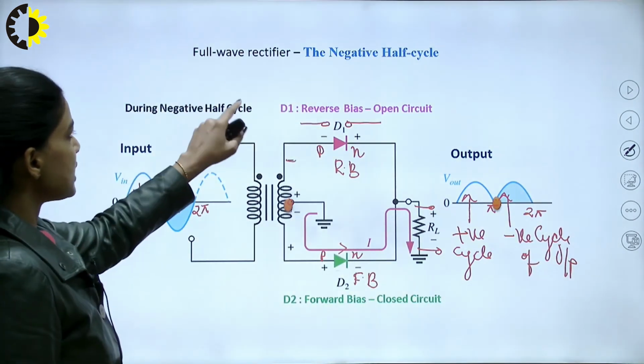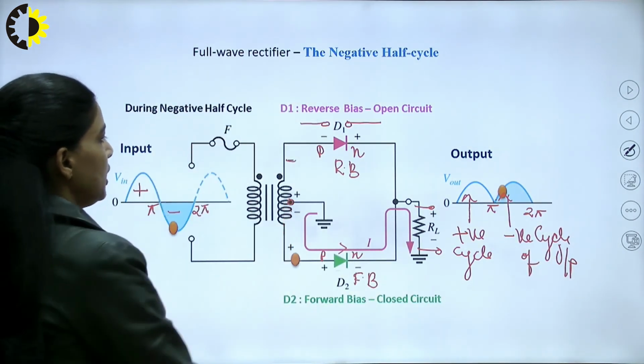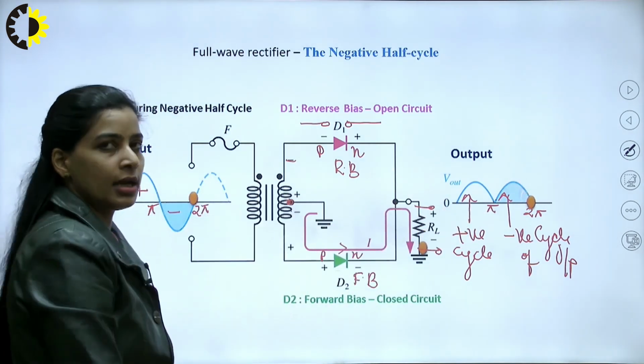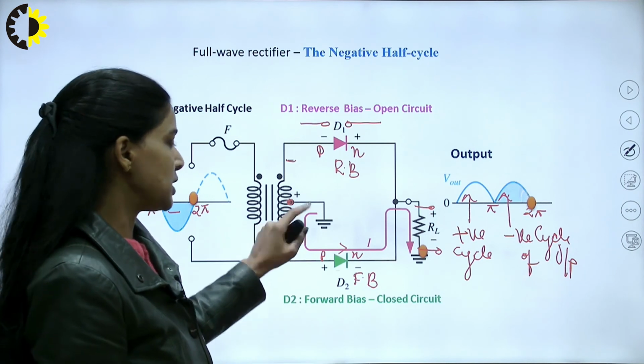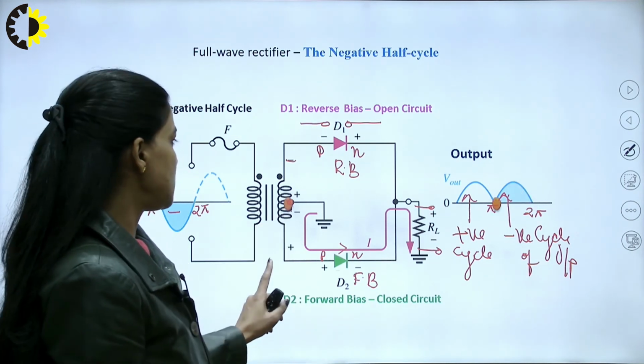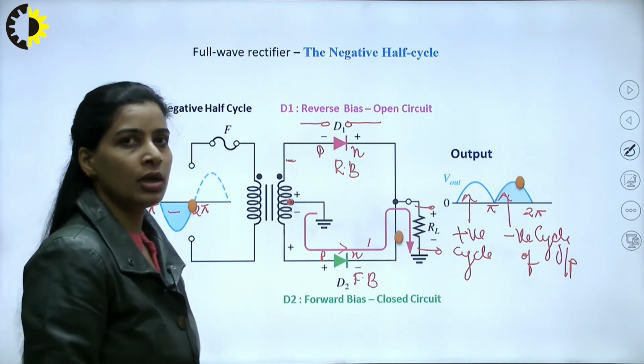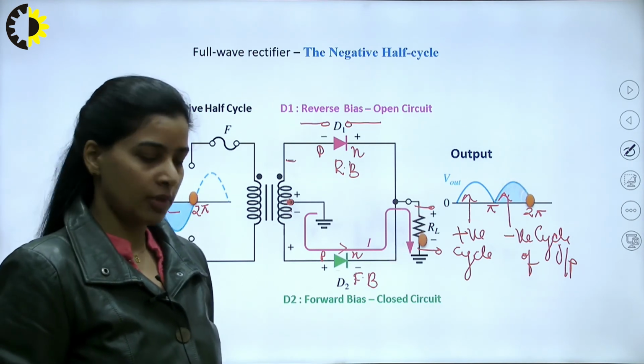Full wave, center tap: it is providing output for the complete wave, and there is center tapping at the transformer. So, the complete name of this rectifier is full wave center tap rectifier.